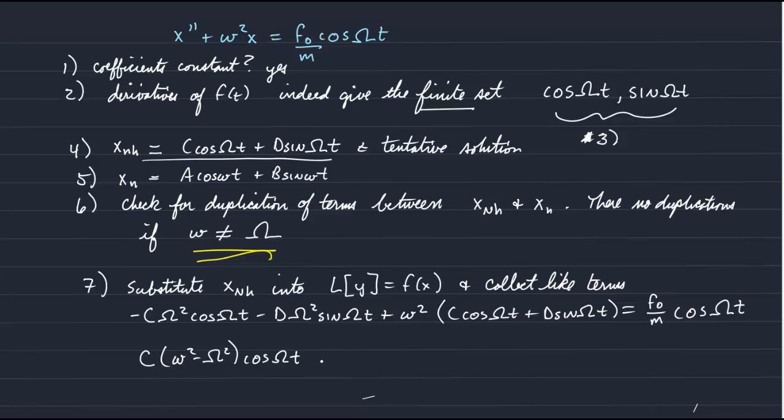And the terms proportional to sine are D times little omega squared minus capital omega squared, sine capital omega t, and that's equal to F naught over m cosine capital omega t. And then step 8 was to solve for our coefficients.